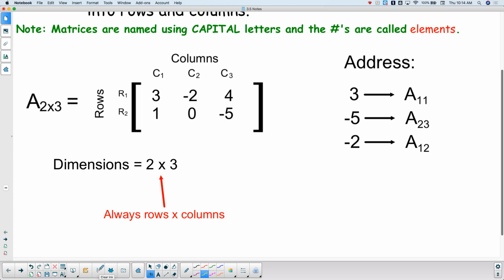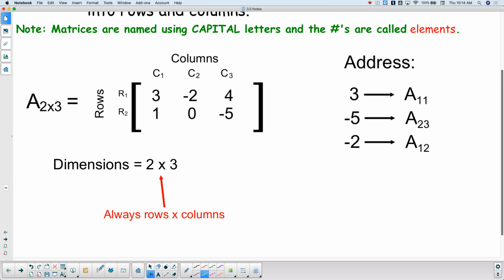That's its size, its dimensions, if you will. The dimensions of a matrix tell me how big it is. So there are 2 rows and 3 columns. 2 by 3, rows by columns. Everything with matrices is rows by columns. So matrix A is made up of 6 elements.